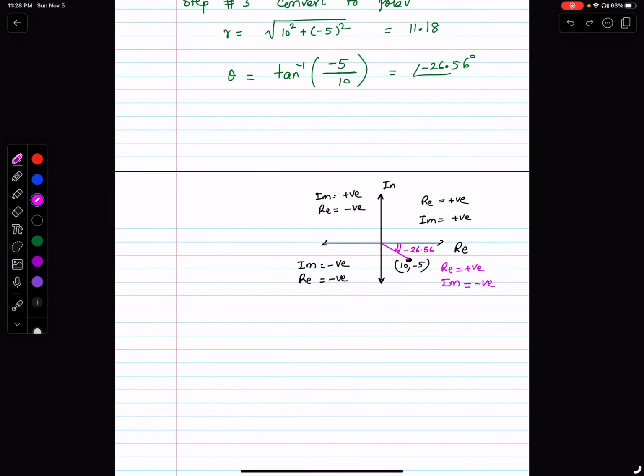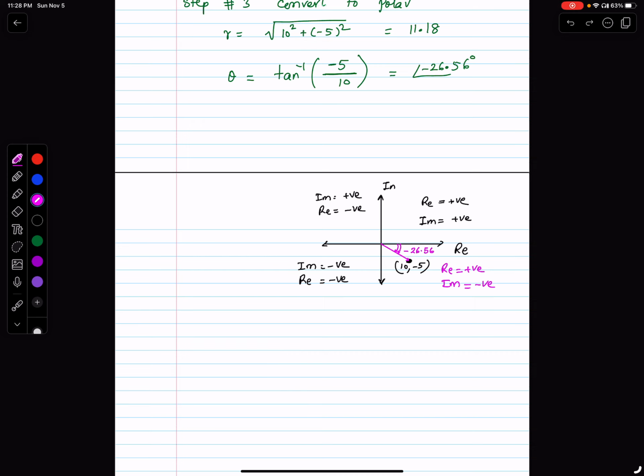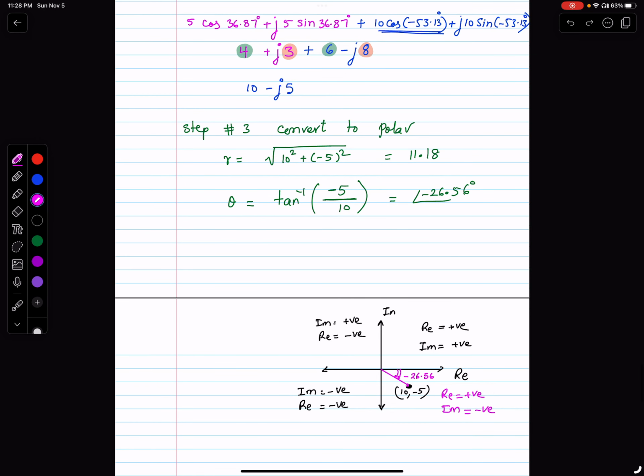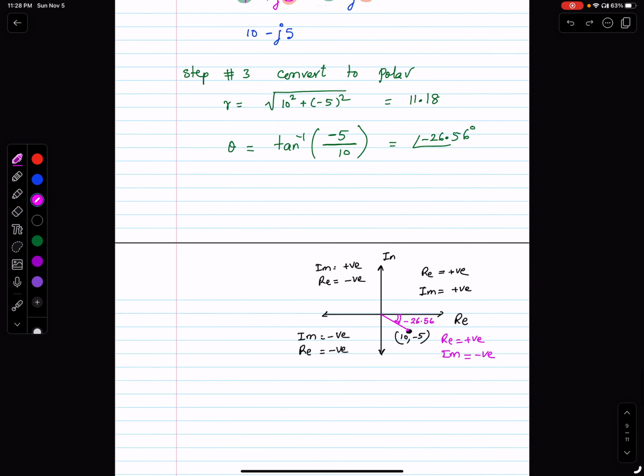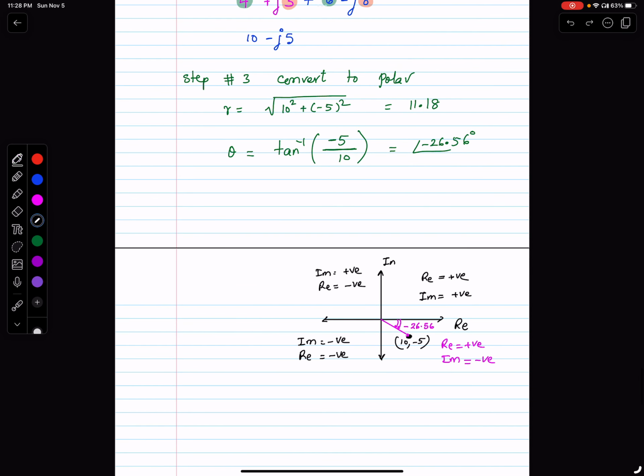So angle negative 26.56 is correct in this case. We'll see another example where we have to add an additional 180 to make sure that it makes physical sense. But for now, we have arrived at the answer, which is 11.18 angle negative 26.56 degrees. We are asked to find the phasor equivalent, and this is the answer.